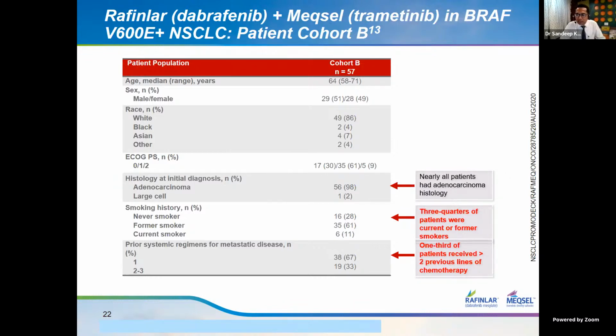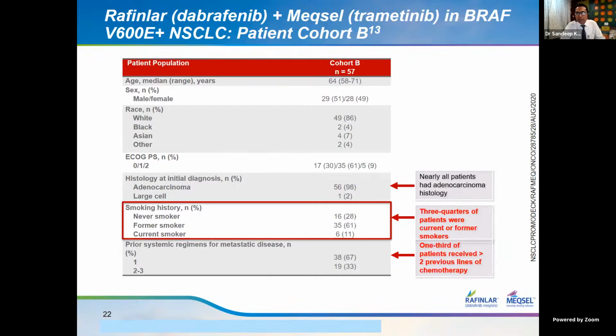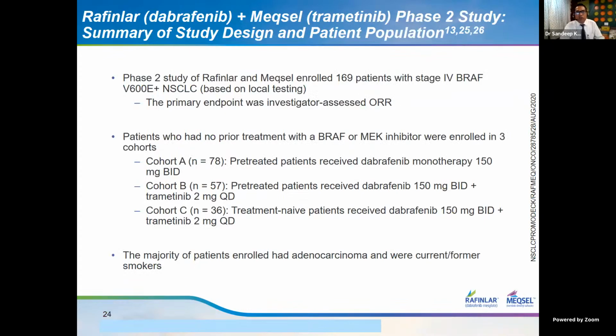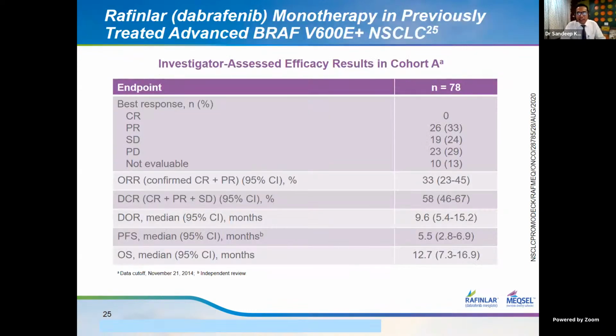Nearly all patients had adenocarcinomas, 3/4 were current or former smokers, and 1/3 had received 2 or more previous lines of therapy. In cohort C, all the patients had adenocarcinomas, and the majority were current or former smokers, around 70%. This phase 2 study enrolled around 169 patients, 78 in cohort A, 57 in cohort B, and 36 in cohort C. The majority of patients had adenocarcinomas and were current smokers.